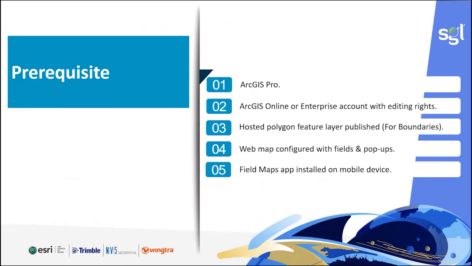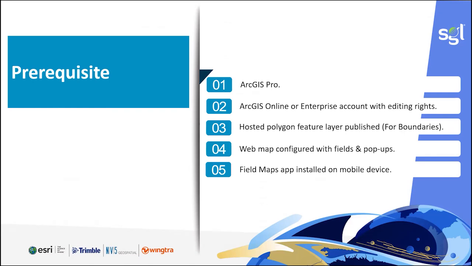Then the Field Maps app has to be installed on our mobile device, because when you're done building the Field Maps application, you have to get it over to your mobile device, either the RTK devices or your smartphone, depending on whichever device you'll be using.